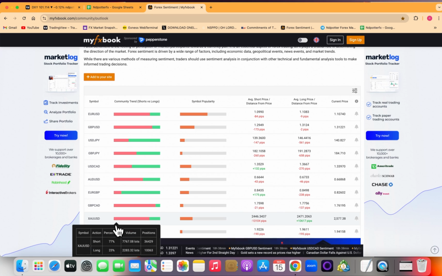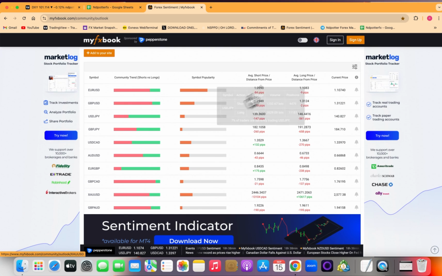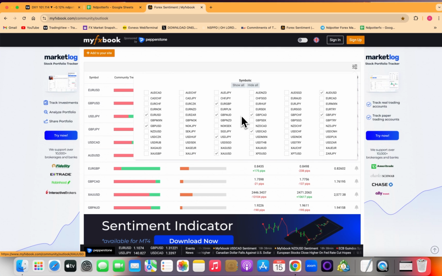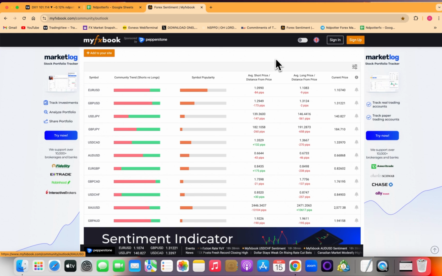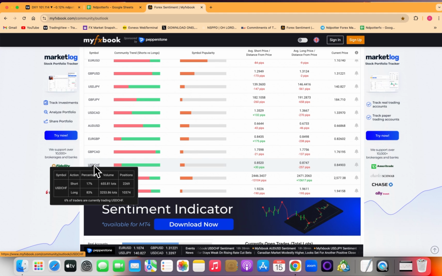Okay, that's all for now, guys. Let me just leave it like this. Let me check USDCHF. So USDCHF, as you can see, is currently on 83%.